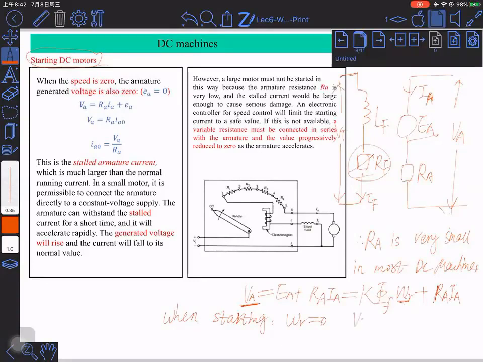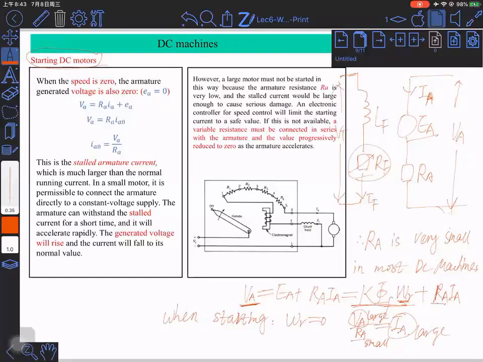The entire voltage is dropped across RA. So it is going to give us a current like this, because RA is very small. But VA has to be large enough for the applications with a high speed. So we have a very large current here.